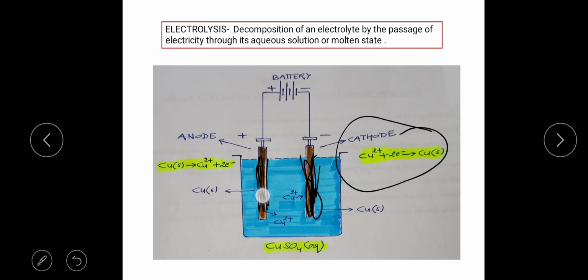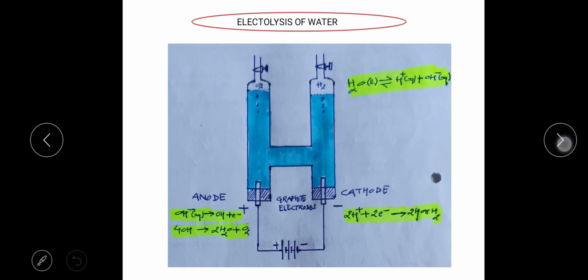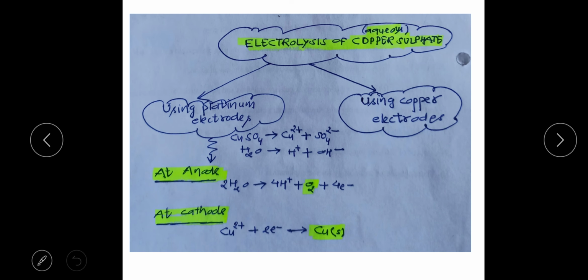However, here the electrode is platinum, so copper 2 positive ions can't be produced. So at the anode the reaction will be different. Now here water will get oxidized. So now let's go back and see what happens at the anode. At the anode, water gets oxidized, it changes to 4H positive and oxygen.